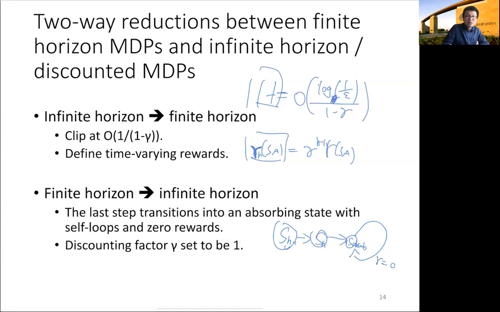In this way, we can convert the finite horizon MDP to an infinite horizon MDP, and as long as we set the discounting factor to gamma, it doesn't change the problem at all, right?